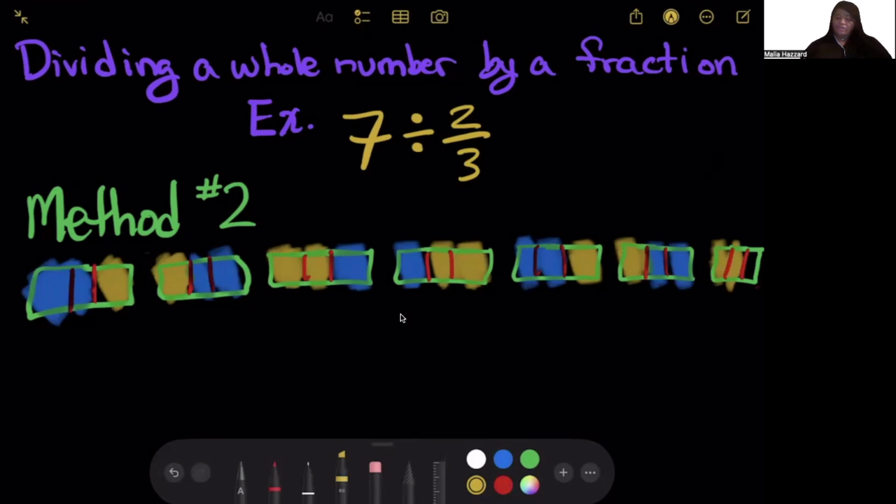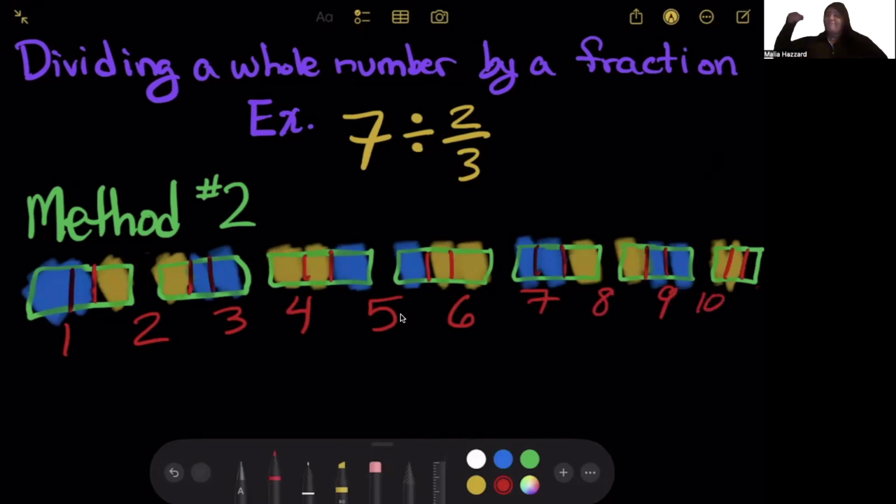All right. So let's go through and count up how many wholes we have. I have 1, 2, 3, 4, 5, 6, 7, 8, 9, 10. And then I have that 1 piece left. So I have 10 wholes.